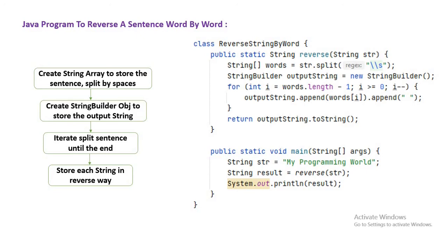So now our string is world programming my, and in the next iteration i value is -1, so -1 is not greater than or equal to 0, so it will go out of the loop. Finally we return the output string's toString. We are just converting the StringBuilder to a String and returning it, and if we print the result, we get the output world programming my.